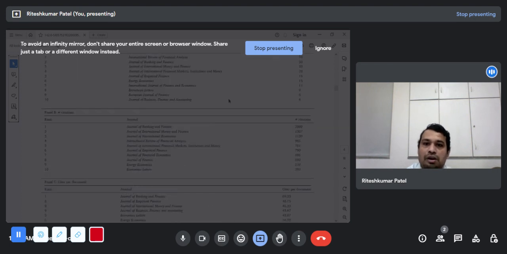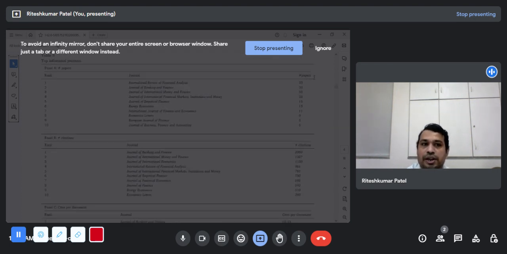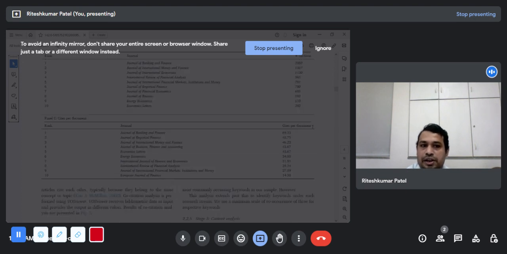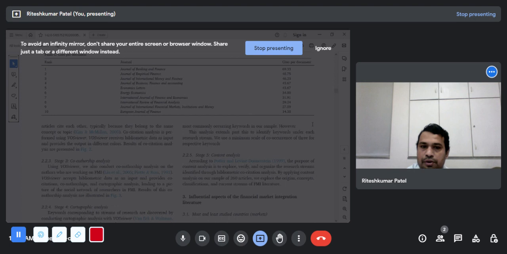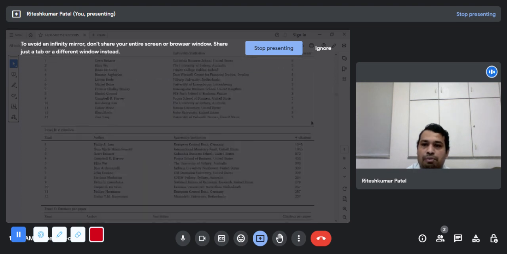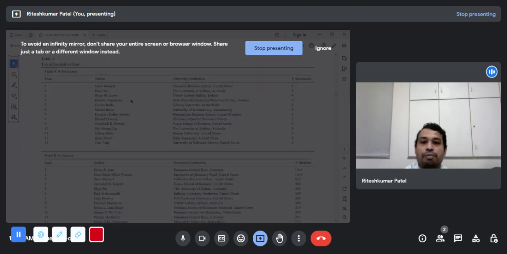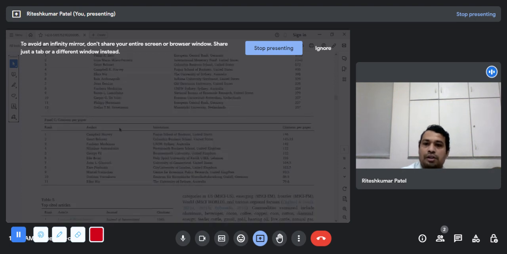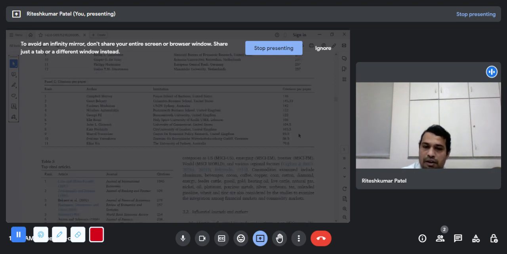We have decided journals based on 3 categories: the number of papers, the citations, and the citations received per document. Then we have the top influential authors, which shows the authors university-wise in terms of documents, that is, the authors with the highest and lowest number of documents, their citations, and the per paper citations they have received.